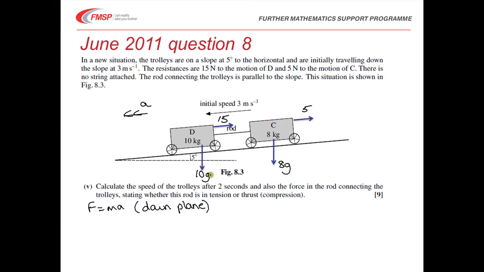So the 10G will have a component of 10G sine 5 degrees down the plane. Remember, this angle here to the perpendicular would be 5 degrees, and the same here, 5 degrees.